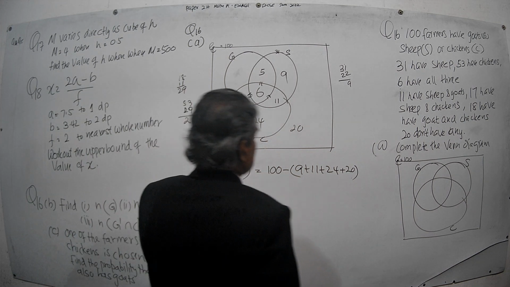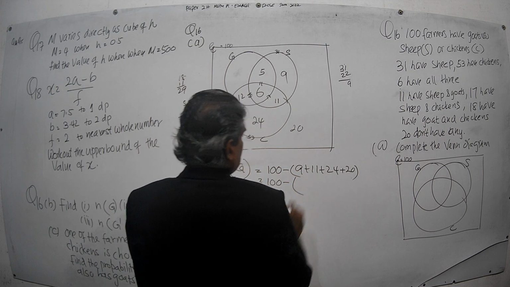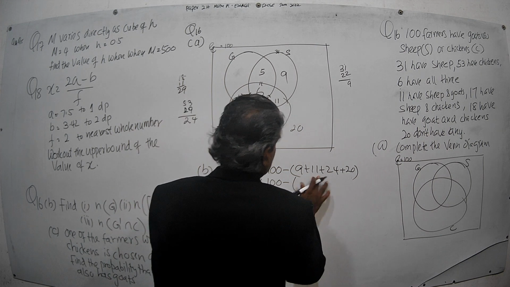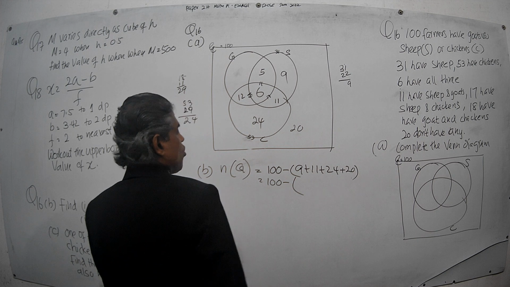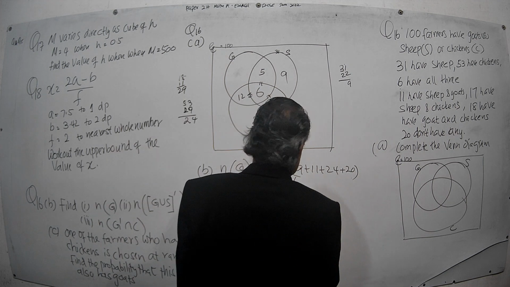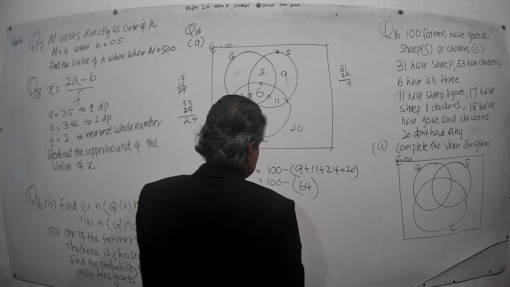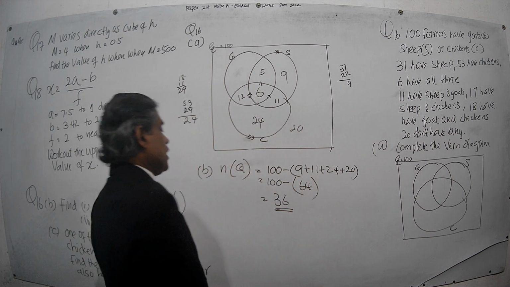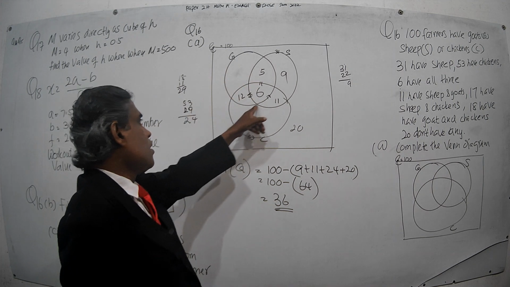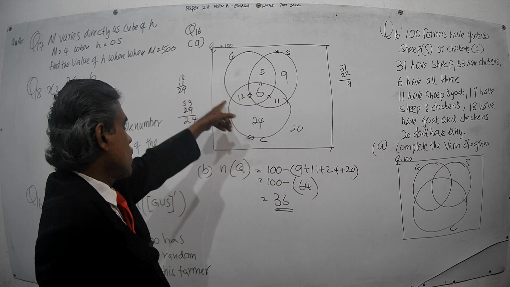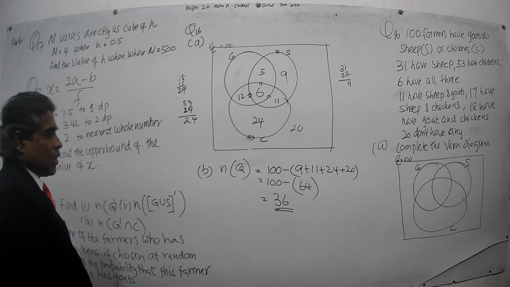Then you get 100 minus 9, 11 is 20, here 20, 20, 20, 40. 40, 24, 64. Then 100 minus 64 is 36. Then the total number of farmers having goats is 36, n(G). Okay. Right.